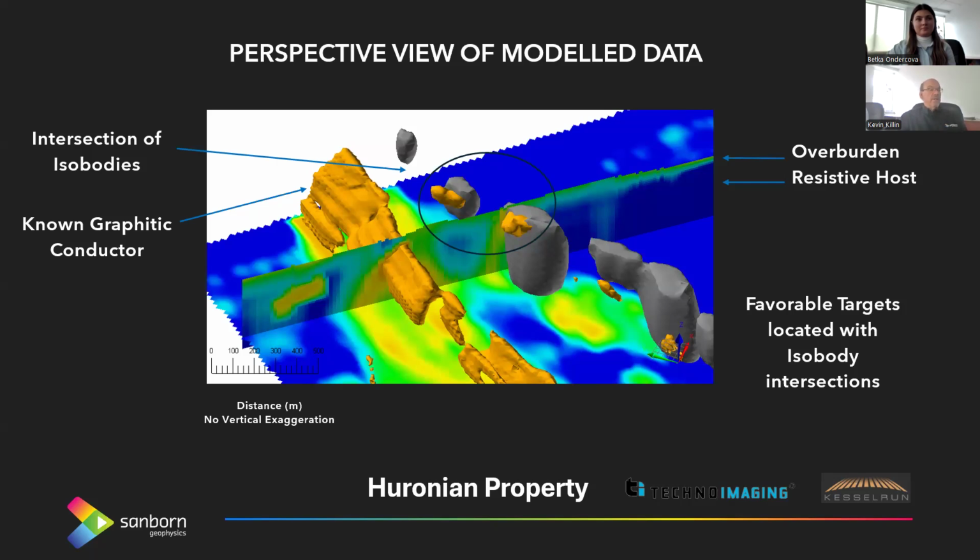Note the new targets are where the intersection of the isobodies is found, which clearly discriminates these targets as different than the graphitic conductors. So the unknown conductor on the left is still an interesting target. However, it's low priority as it doesn't have a magnetic signature. So this is another example of combining data in different views in different ways and colors so that we can get different products for solving a different goal.